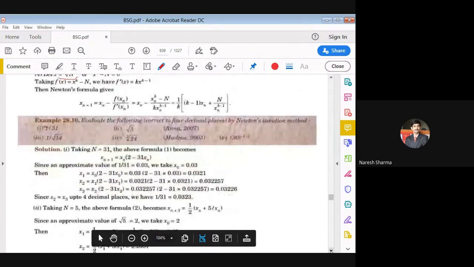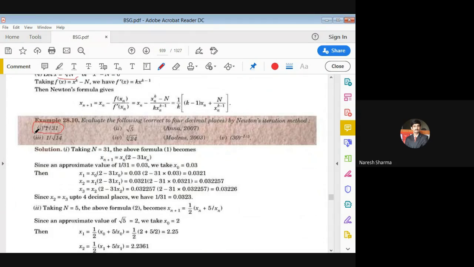So by using this we have some problem. Suppose we are interested to find the value of 1 by 31. So first, this is a constant value, this is not a function here. So in that case we first derive the function for this, which we already did, as we assume this as x, so we already did it for 1 by n, or you can do it in one line, right?